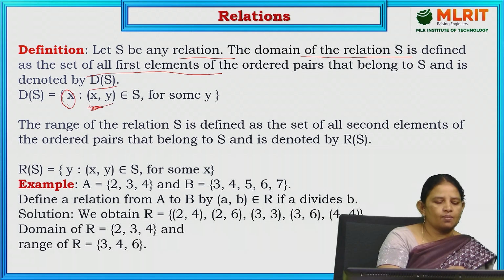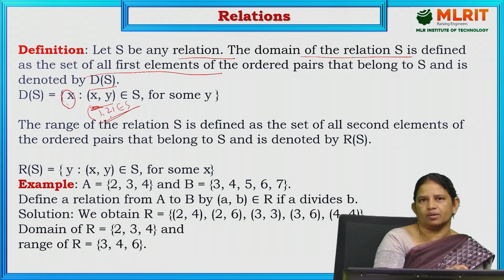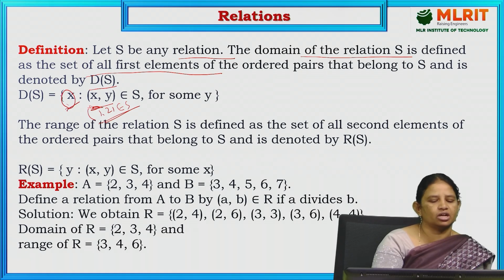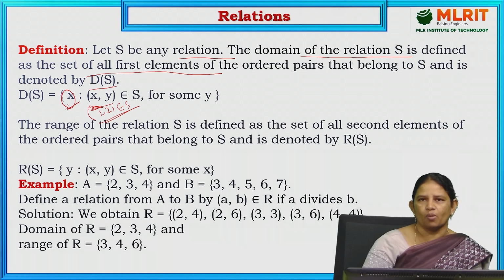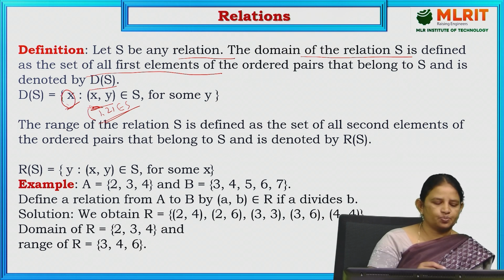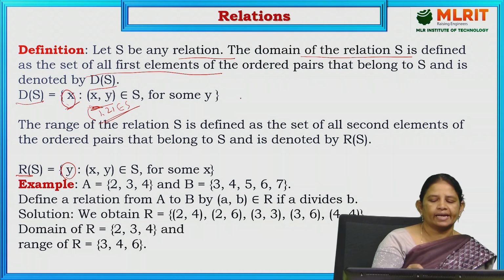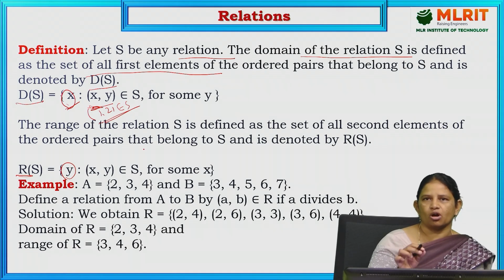So (x, y) is a relation, a set of ordered pairs. Among all the elements, the first element in the relation is called the domain.